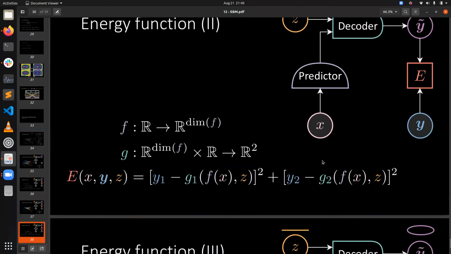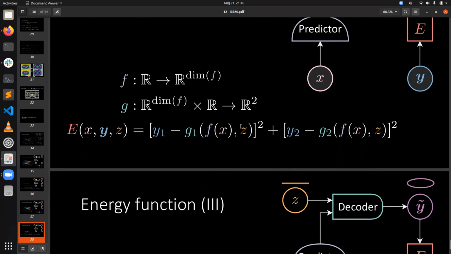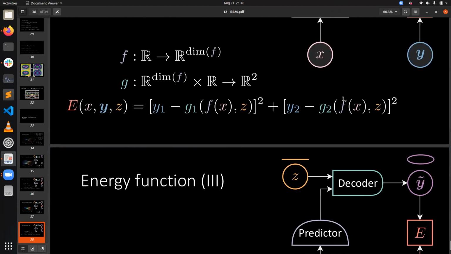This is when you move out of the toy problem example. Here z is a 1D variable, and we don't know that as well. In reality, z could be multidimensional.